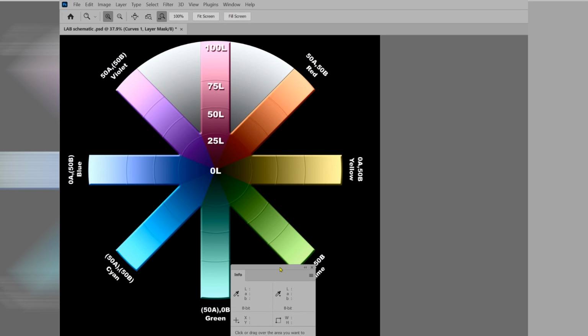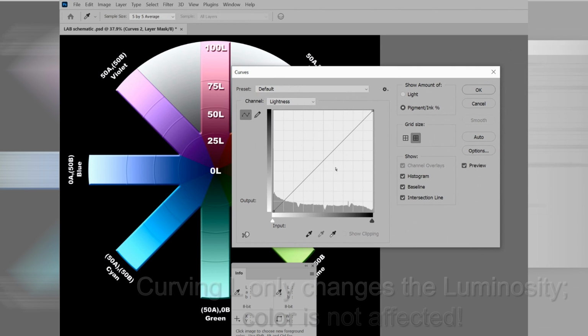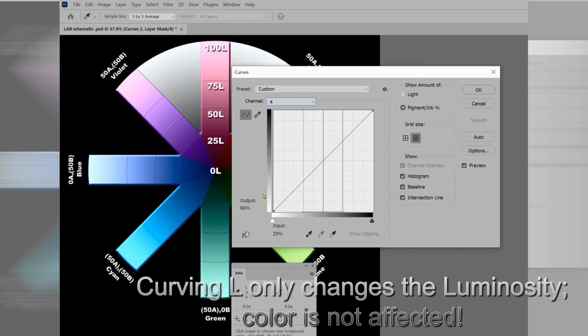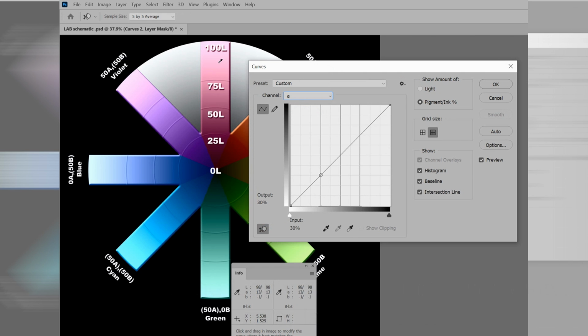Now, this also reflects itself in the curves layer, which is here, where again it is luminosity versus A and B. Let's look at the A channel. That's where the reds are, all through here. The greens are all through here.